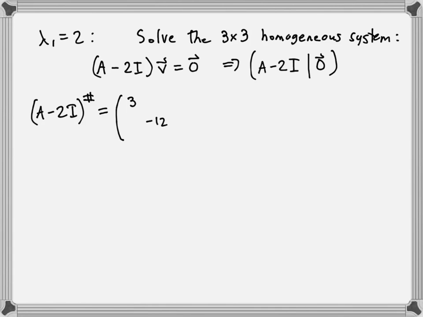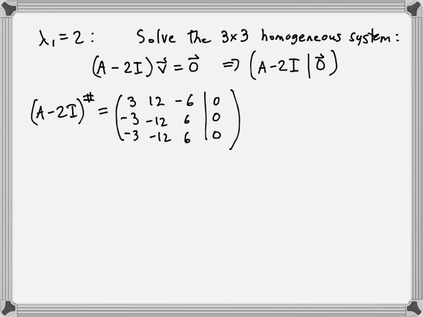I'm doing the diagonals first. I took away 2 from every diagonal, and then I'm going to write down the rest without changing it. So 12, -6, -3, 6, -3, -12, and then 0, 0, 0. Okay, so this is what we get.